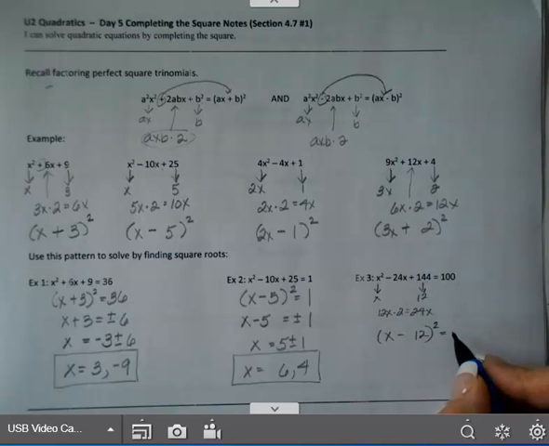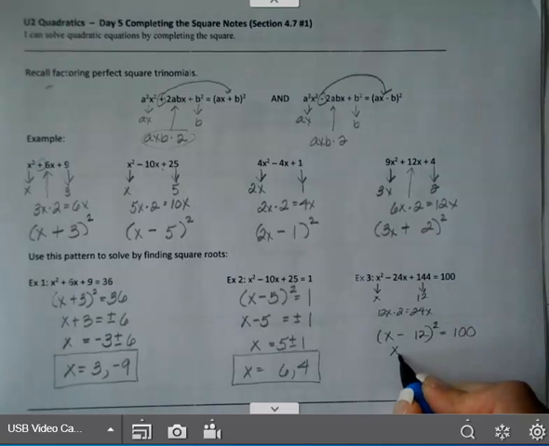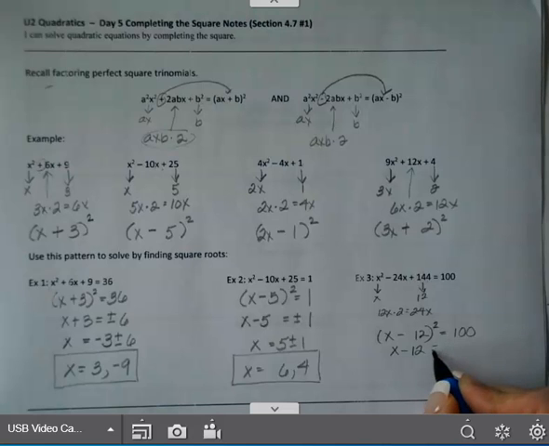And that's equal to 100. Square root both sides, so you have x minus 12 equals plus or minus 10. Add 12 to both sides. So x equals 22, 12 plus 10, or 12 minus 10, which gives you 2.